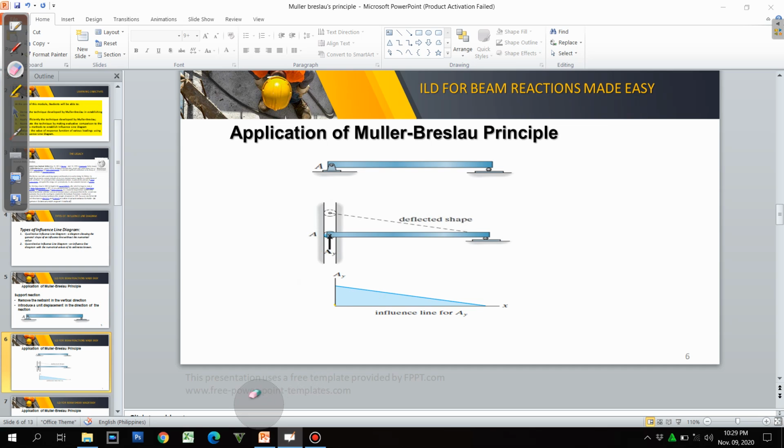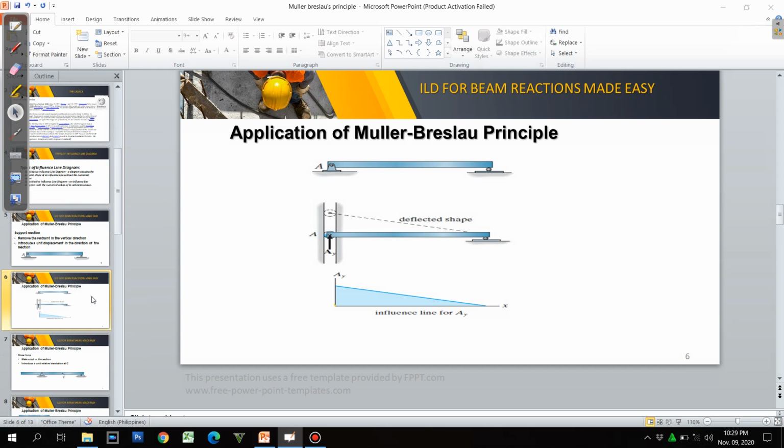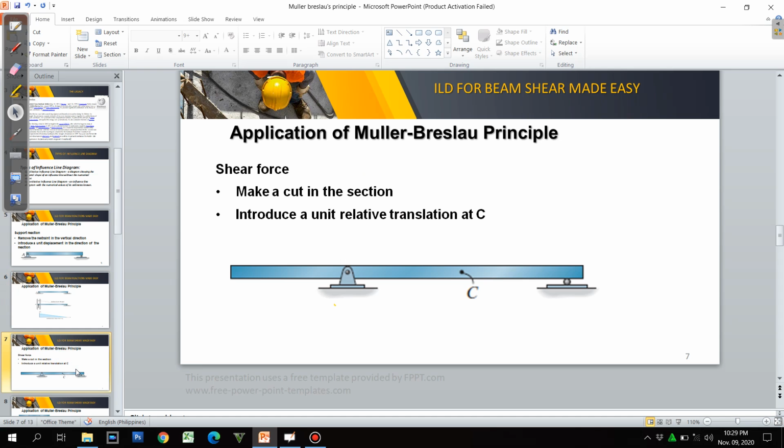So moving on, for ILD for beam shear, we will just have to make cut in the section and then introduce a unit relative translation at C. So when we say translation, if we are going to cut this, there will be a displacement on the left.